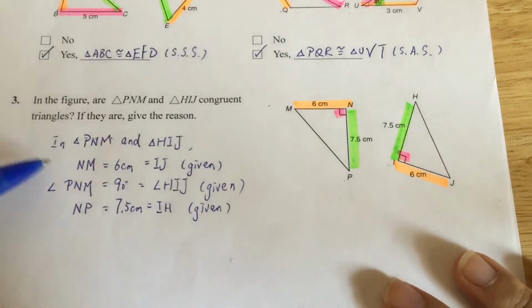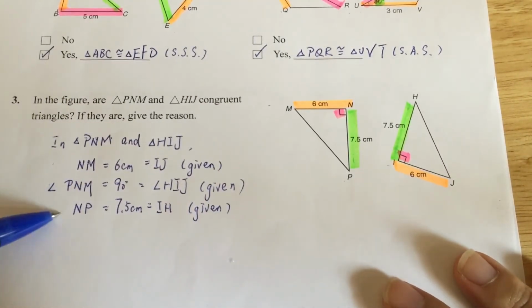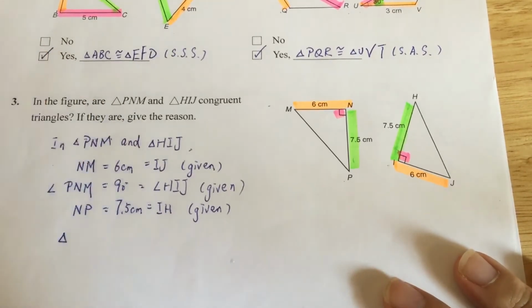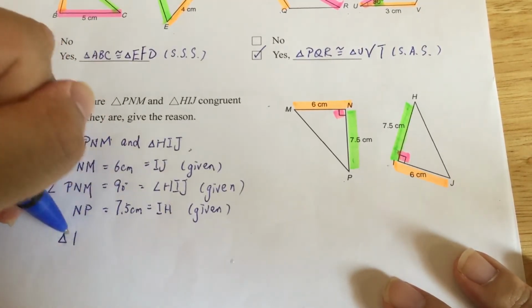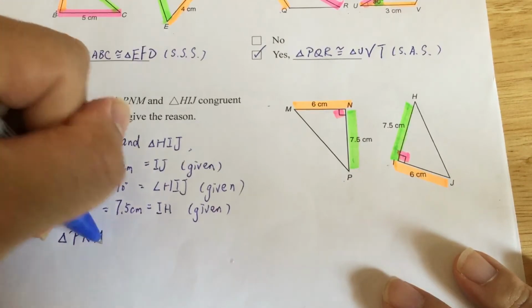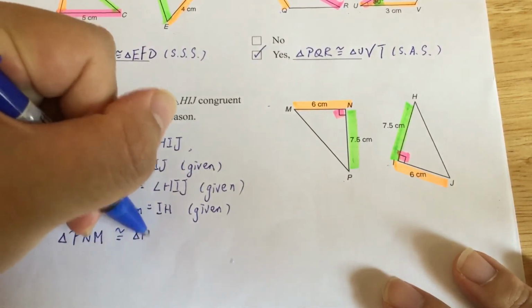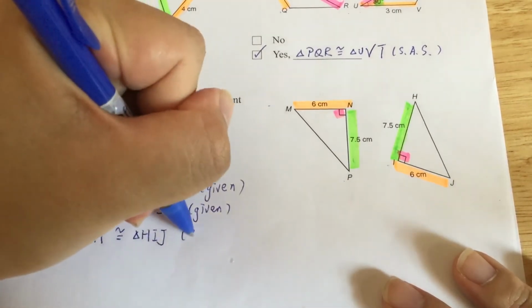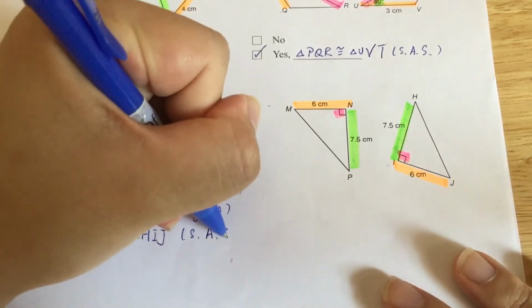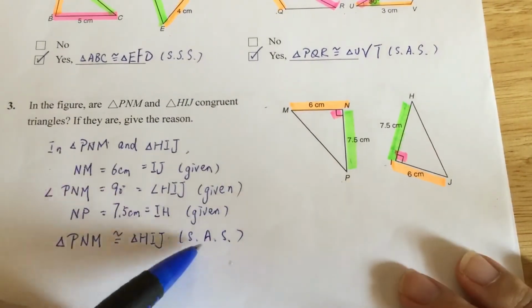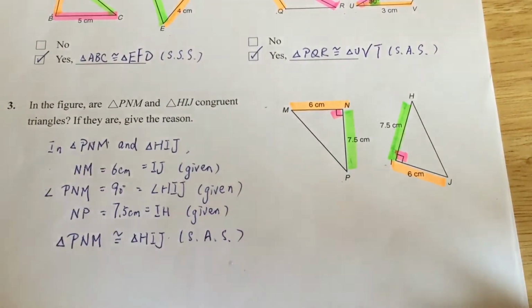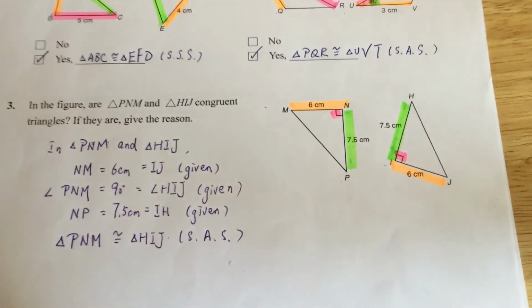So you will see one condition, two conditions, three conditions. So three conditions are proved, and we can say triangle PNM is congruent to triangle HIJ. This is SAS, which stands for side, angle, side. It follows the song that you listen to.